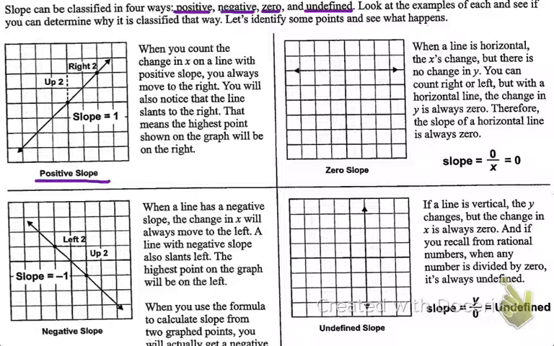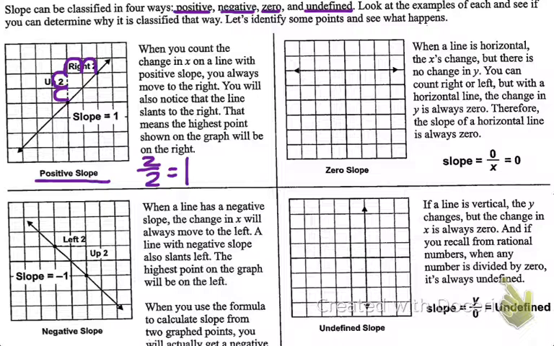When you count the change in x on a line with positive slope, you always move to the right. You will also notice that the line slants to the right. That means the highest point shown on the graph will be on the right. We rise up 2 and right 2. 2 over 2 simplifies to 1.